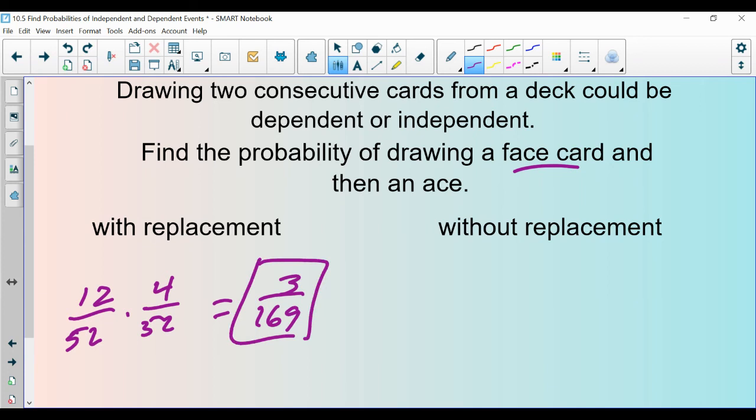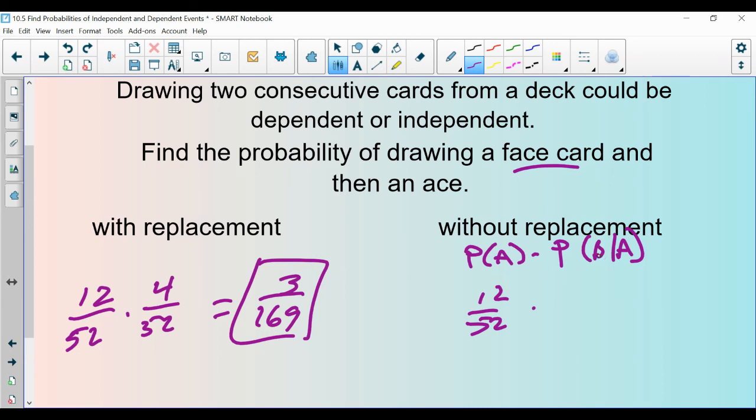What about without replacement? The probability, of course, is going to change. This is now a dependent event. The probability of A times the probability of B, given that A occurred. Probability of A is 12 out of 52 still. But now we need to say, hey, what is the probability of drawing an ace if you assume that you already drew a face card?